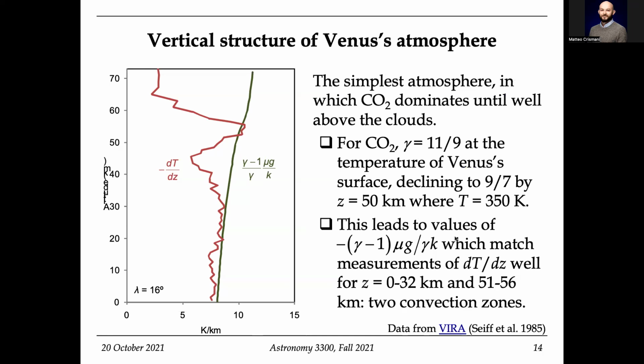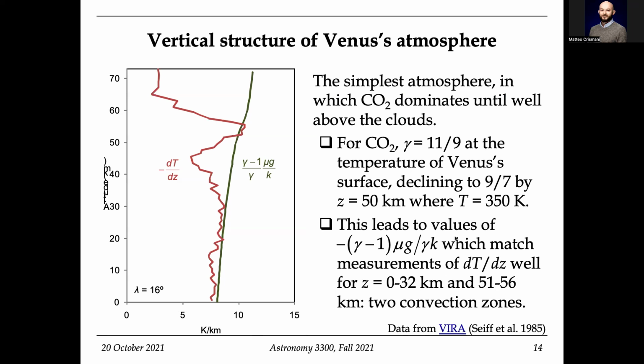It's actually a temperature rate. And what you're looking at here is the simplest atmosphere with CO2. This is a model of the quantities for CO2. And for CO2, you have gamma equals 11/9, which, don't worry about it, you won't have to calculate it, you can just find it.